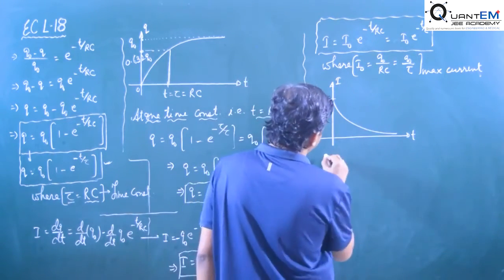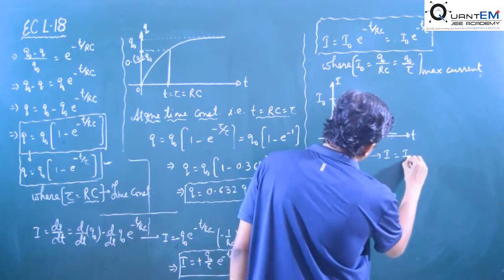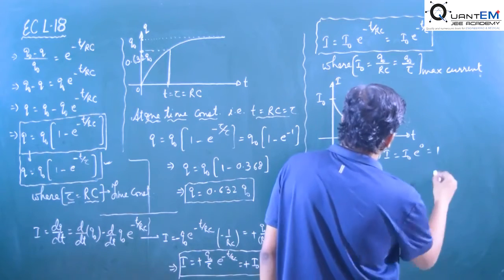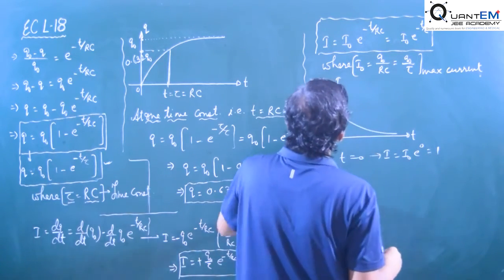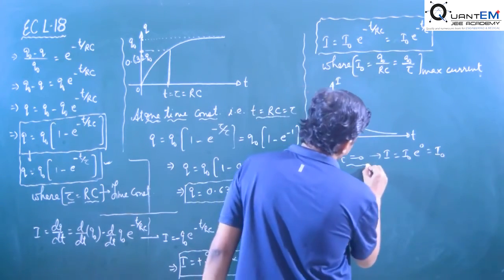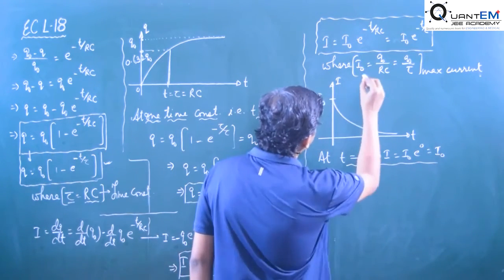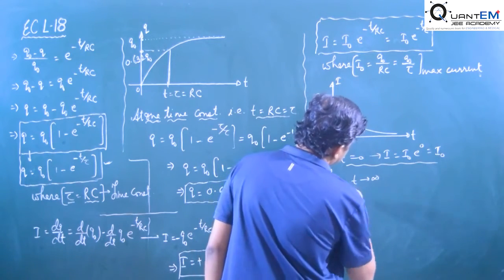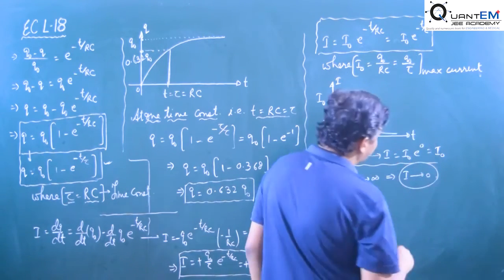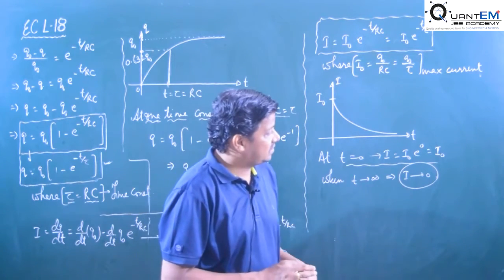So at t equal to 0, current I is equal to I naught. And when time tends to infinity, current tends to 0. That's why we say in a steady state, current in the RC circuit is 0.